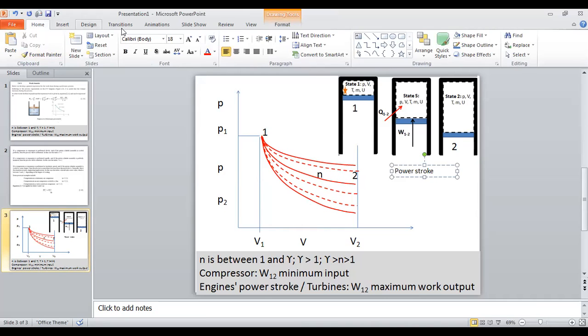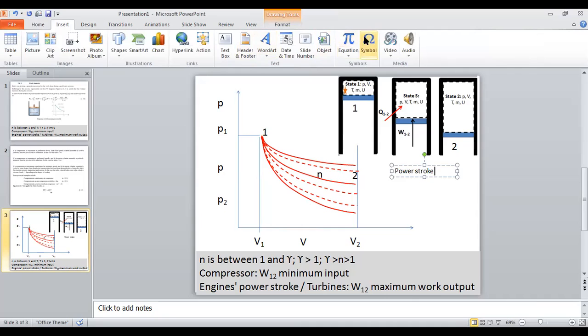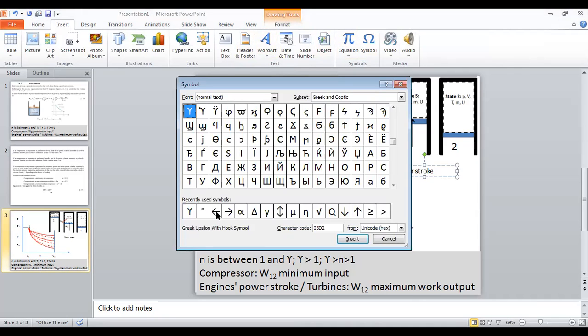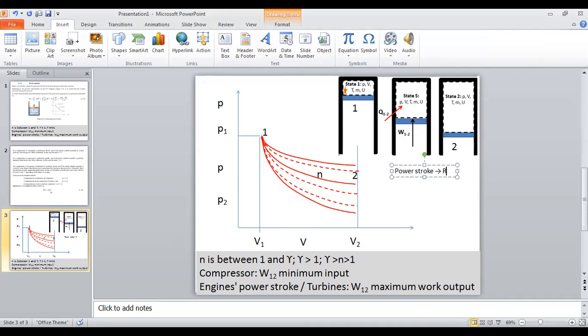And what's important is real work output W12.